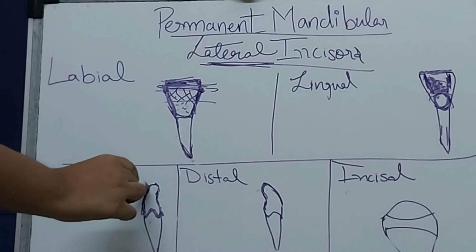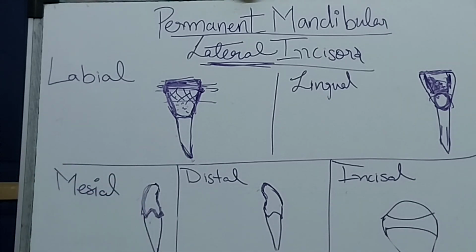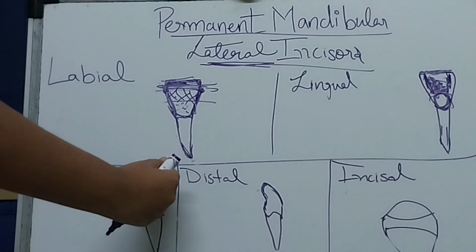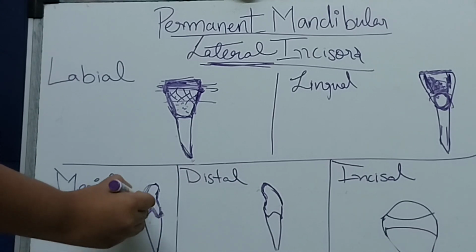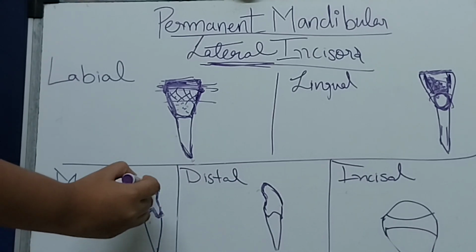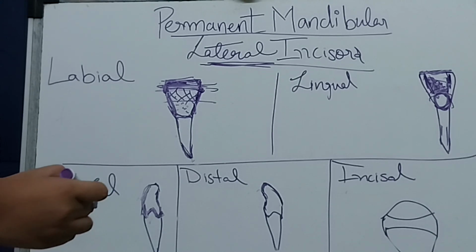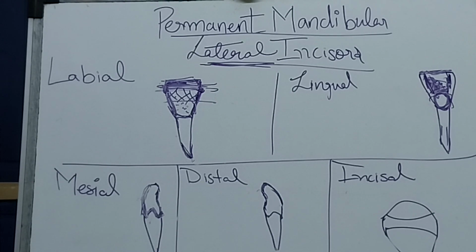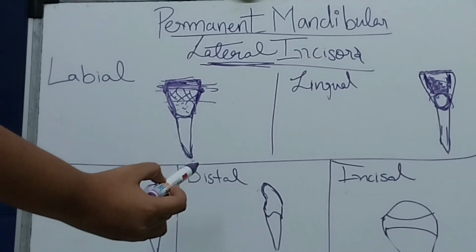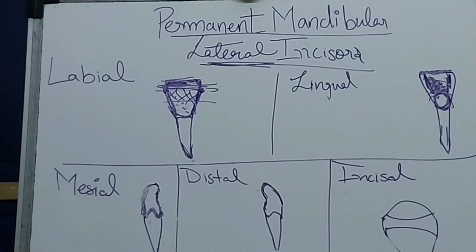Now coming to the labial outline. It is straight above the curvature of the cervical line. This is the cervical line, right? So it is a bit straight over here, but as we move to the middle and incisal thirds, it becomes curved and sloping.